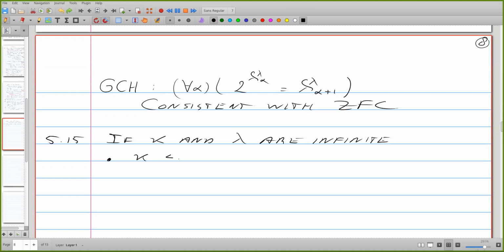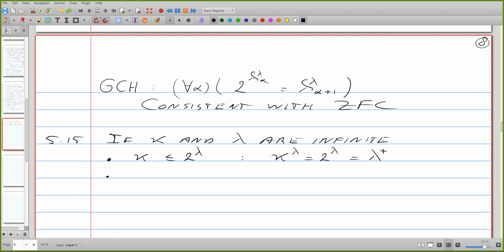We had the case that kappa was less than or equal to 2 to the lambda, then kappa to the lambda was equal to 2 to the lambda. And in our case, that is just lambda plus, the next cardinal above lambda. So that's easy.